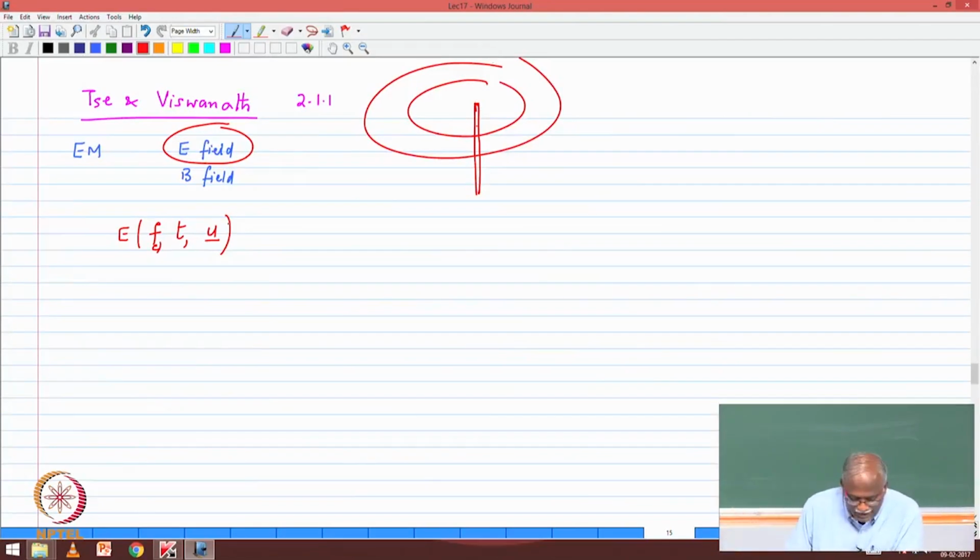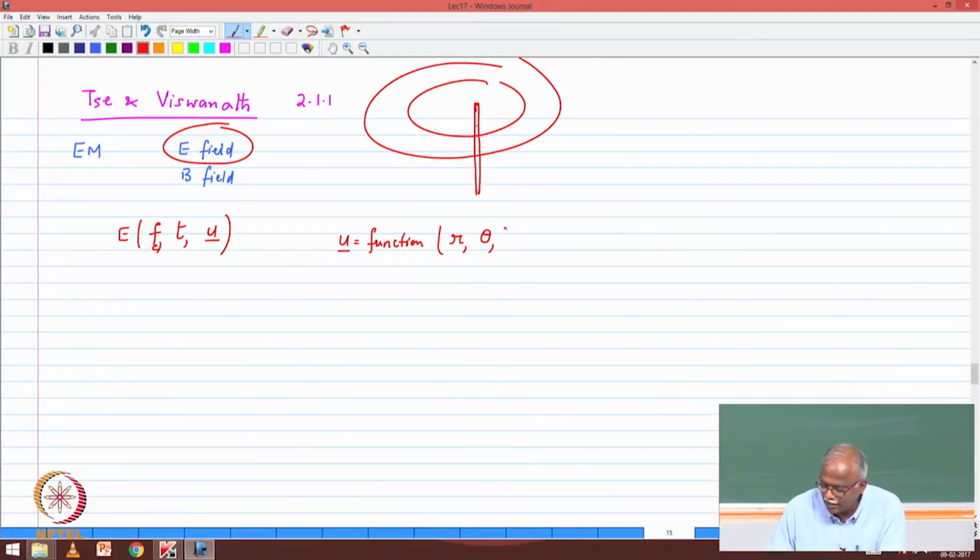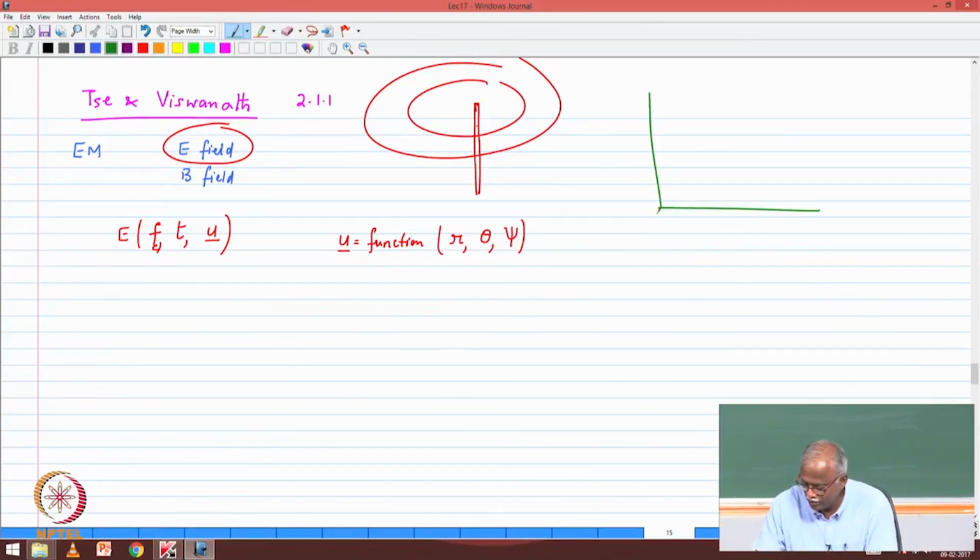Okay. Now the displacement u is a function of three parameters. It's a function of the distance r. It's a function of the angle in the azimuthal plane. It is also a function of the elevation angle. So again, this is a diagram that we have drawn previously.